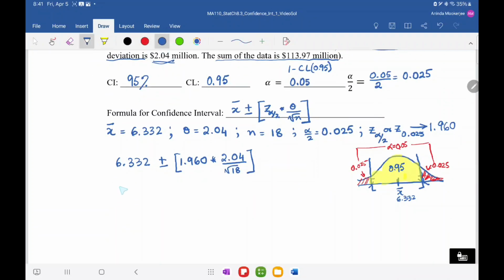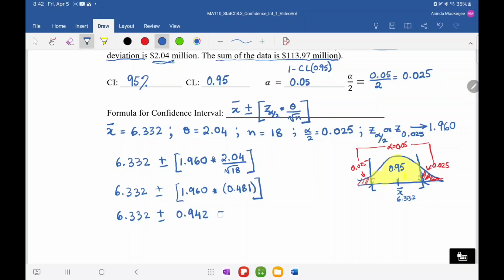It's 6.332 plus minus 1.960. Now 2.04 divided by square root over 18 gives us a value of 0.481. So we have 6.332 plus minus 1.96 times 0.481, which gives us 0.942.